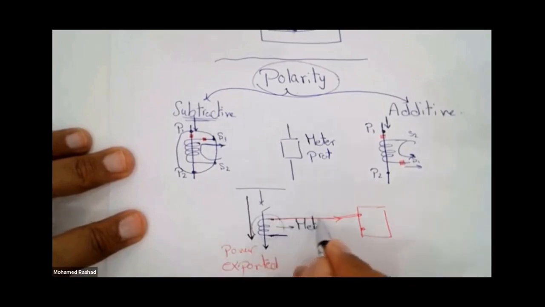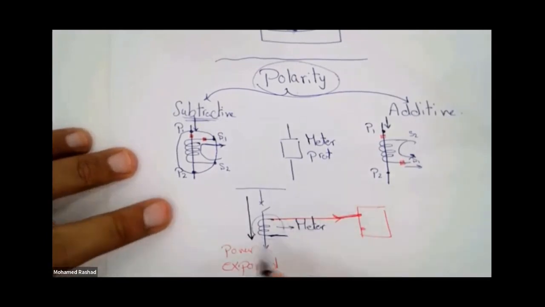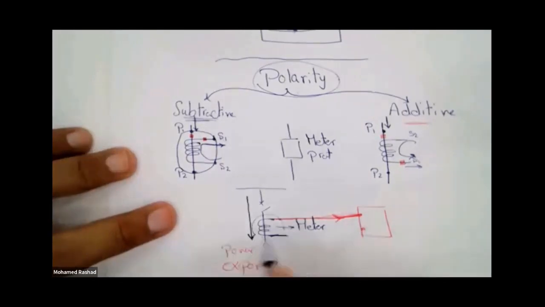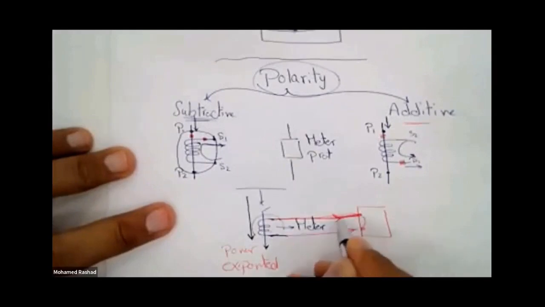So the meter sees the current entering on this terminal, correct? Well, if you have brought your device and connected it in the same way, this time I will find that the current is going in like this, as if it is going out in the opposite direction.